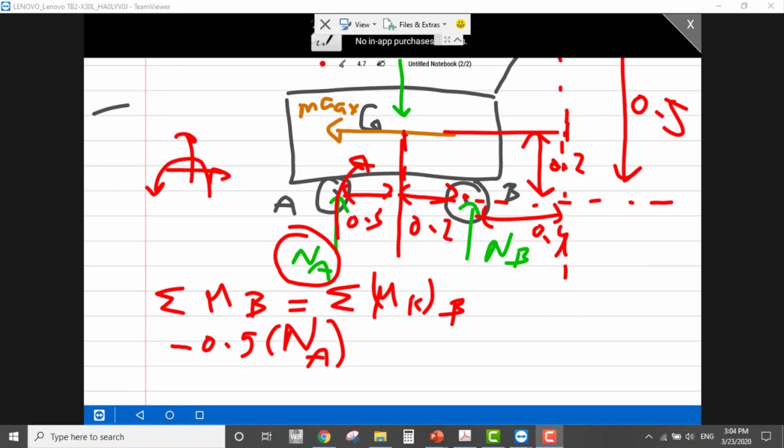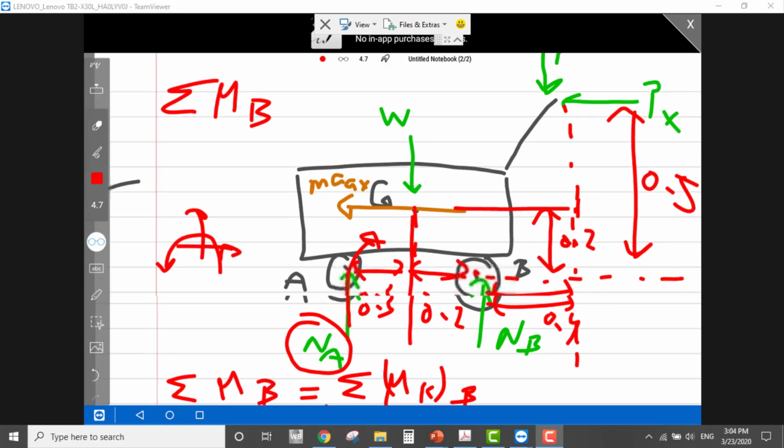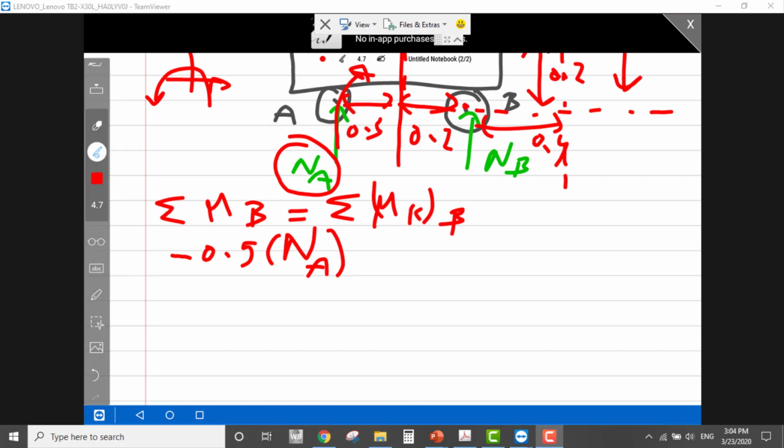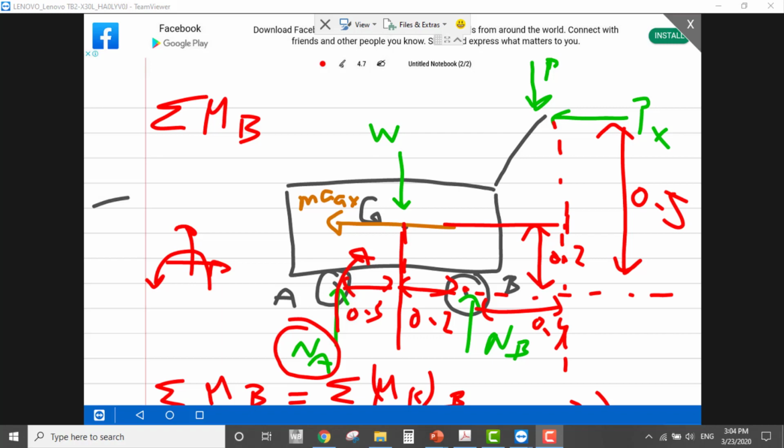Weight will do counterclockwise, so we have positive due to weight, which is 0.2 multiplied by the weight, which is 200, multiplied by the gravity acceleration. Now NB will cancel out because it passes through point B.